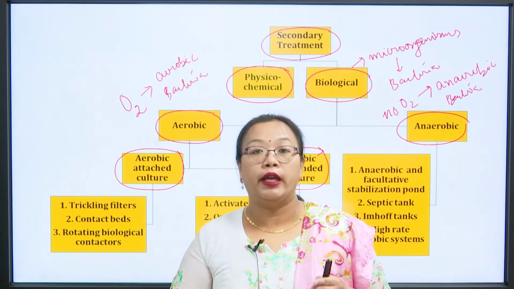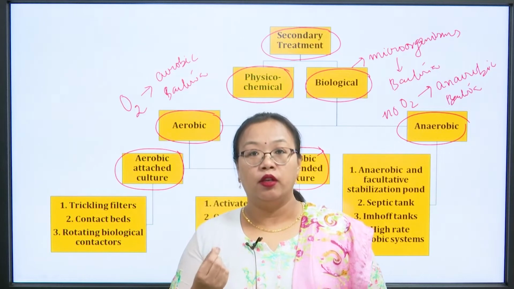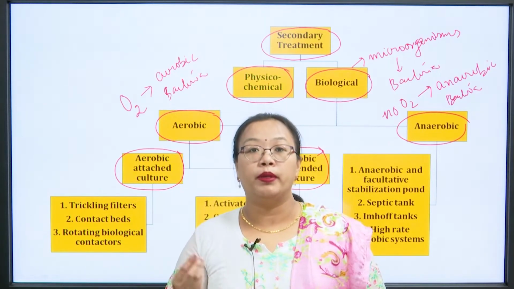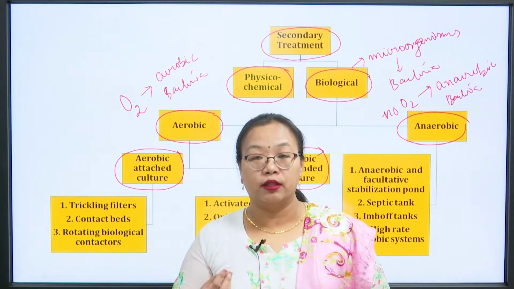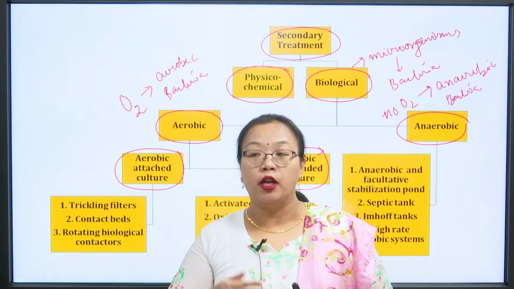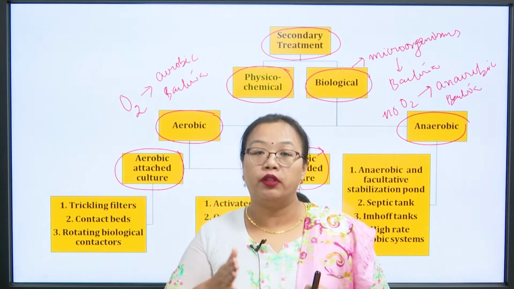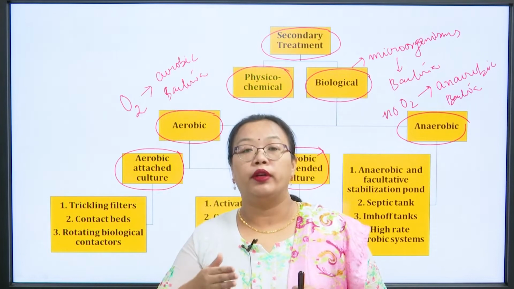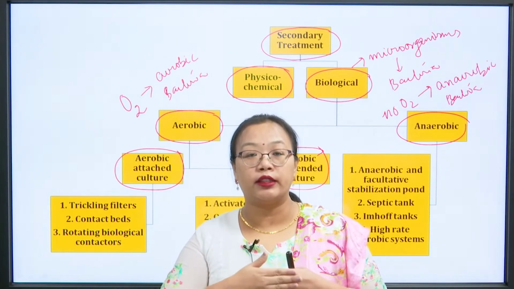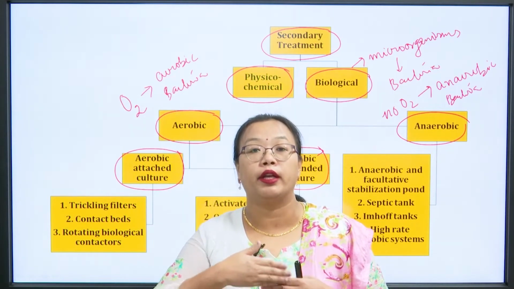The filter media may either be a sand particle or a rock particle or maybe some other media like plastics, or it may be sheets. Depending on the system, we will have different types of filtering media or sheets to which the bacteria will get attached.